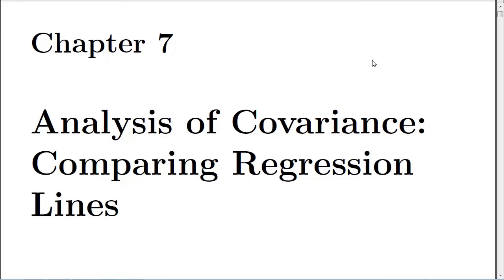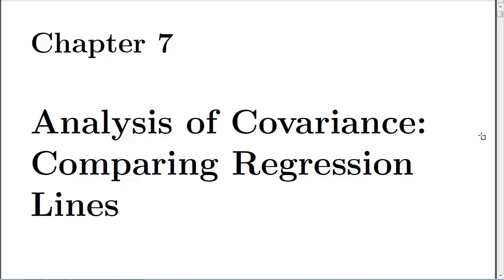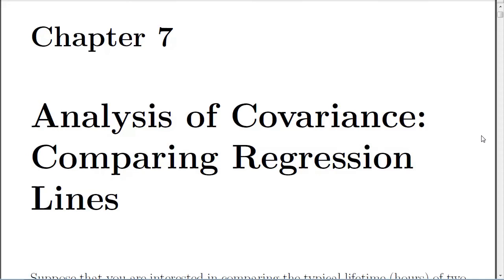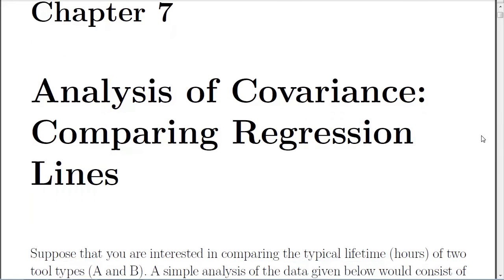And what that will create is a regression line, potentially, for each category of that categorical variable. And so this chapter is about fitting those sorts of models as well as asking what sort of model is the best, so model selection, and doing the multiple parameter hypothesis tests required to compare regression lines.